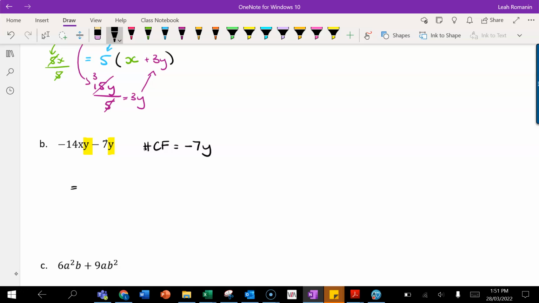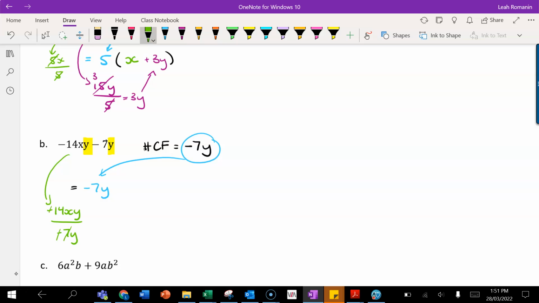So, same as last time, the highest common factor is going to come at the front. So I'm going to have negative 7y. Now, taking this negative 14xy, I'm going to divide it by my highest common factor. We can see here that the negatives are going to cancel out.